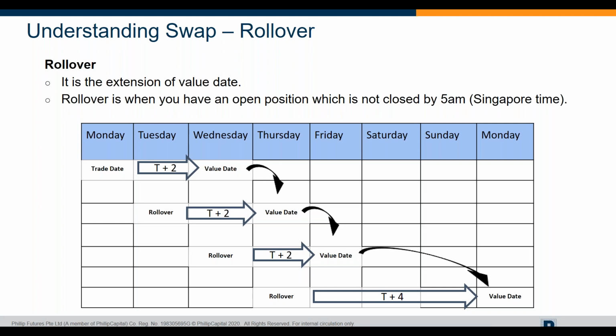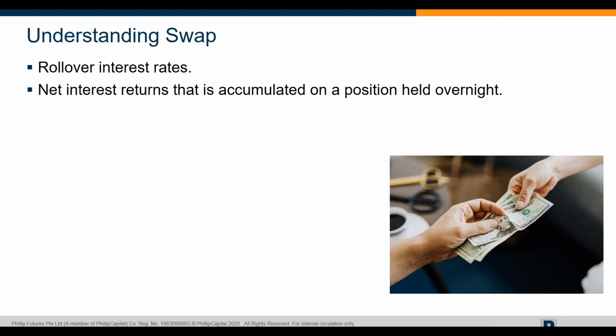In the process of rollover, the swap occurs. Swap is charged when there is a rollover of your position. To explain plainly, swap is the net interest returns accumulated on a position that you held overnight.